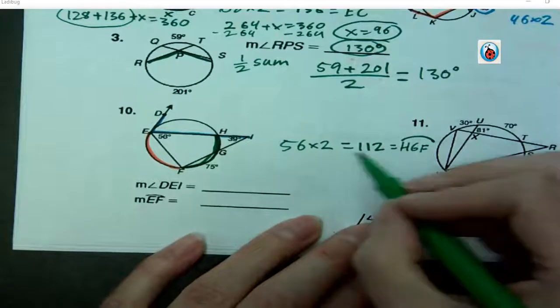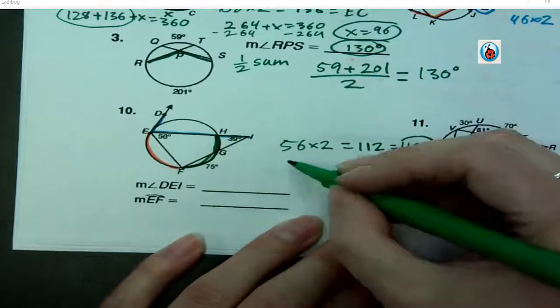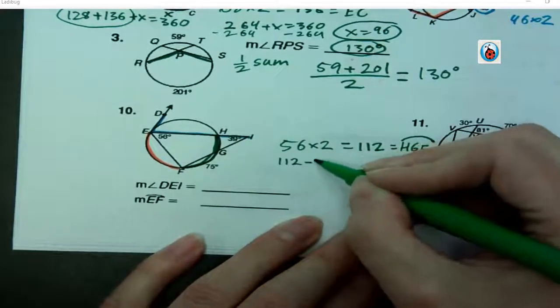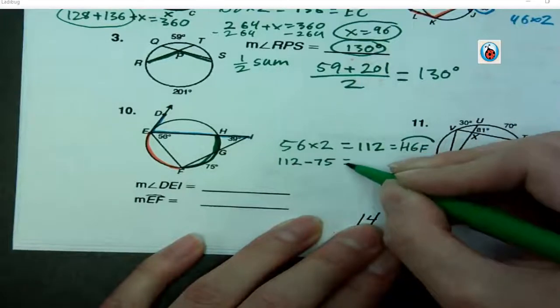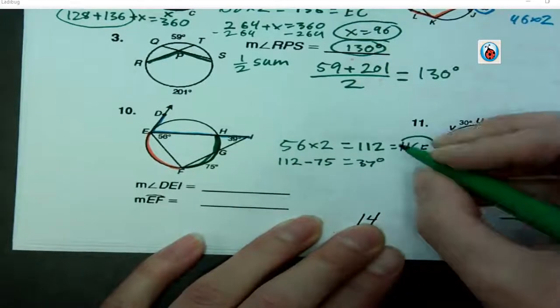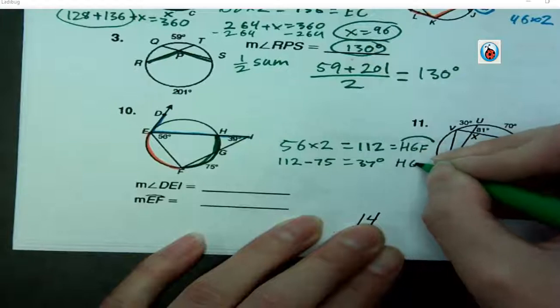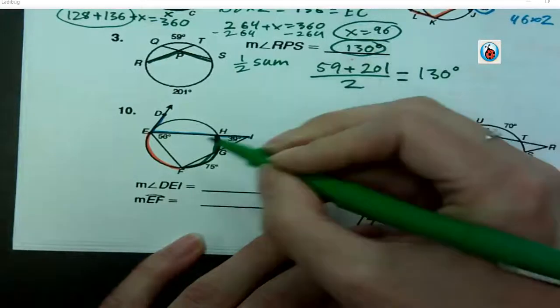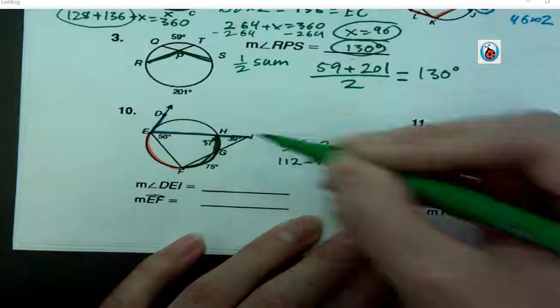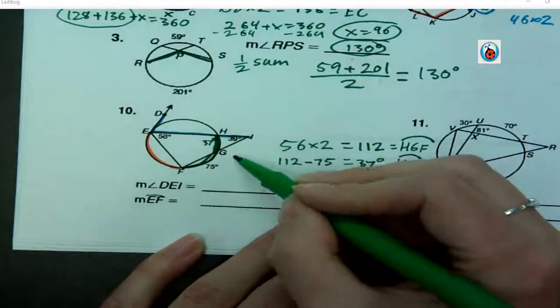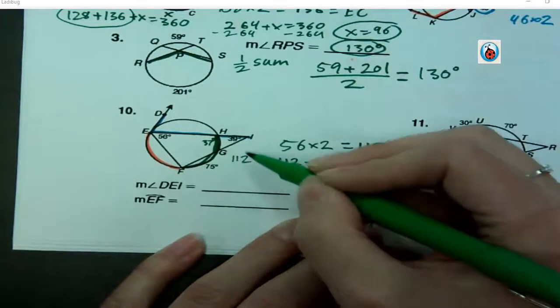So I can now use that to find 112 minus the 75 that I already have equals 37 degrees, which is my HG arc. So this is 37. This whole thing was 112.